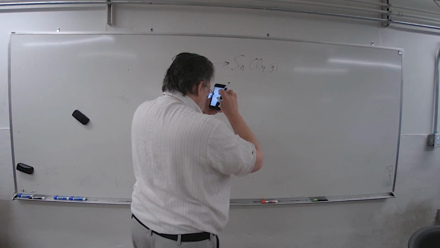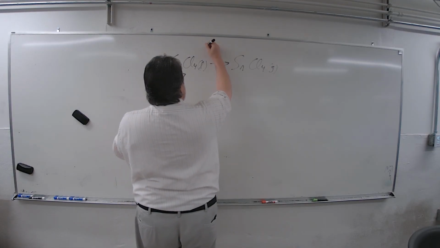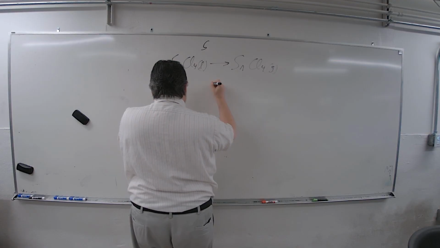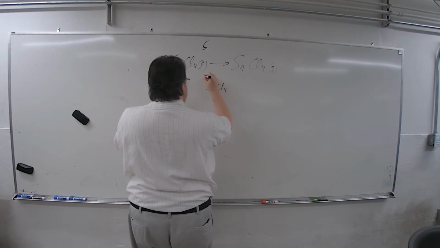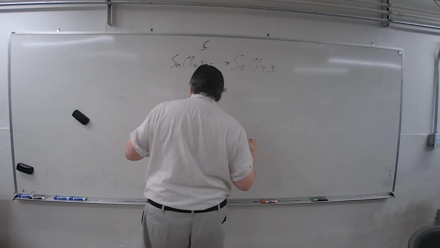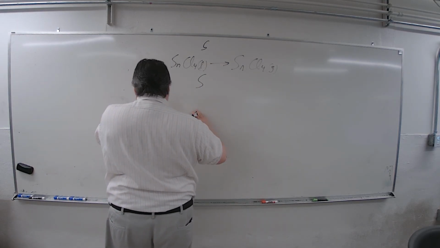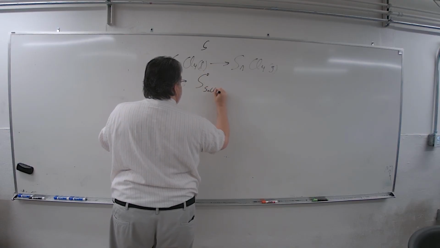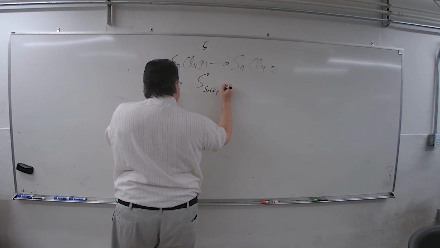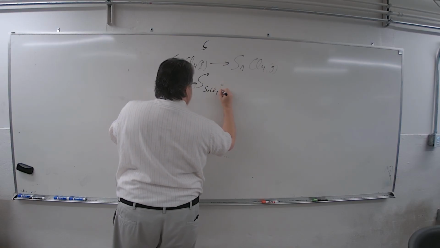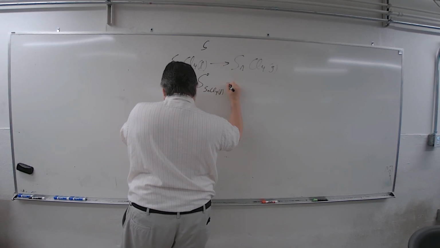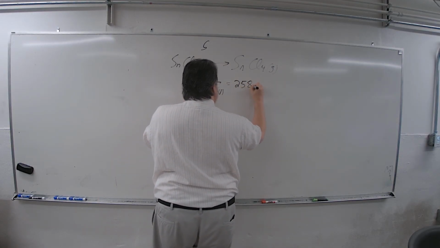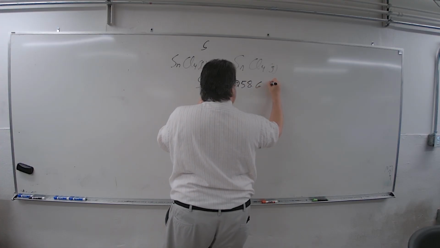So you look in that grid and you find, looking for S in that grid, and S for liquid is, units of joules.